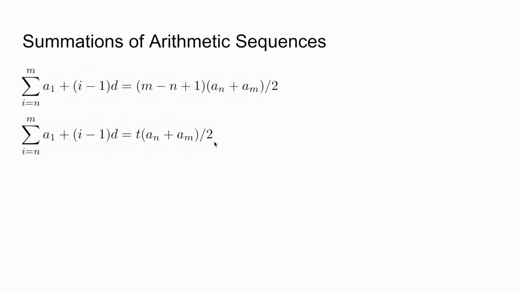So this entire thing, an plus am divided by 2, is just going to be the average, and we just multiply the average by however many terms there are, and we can kind of see why that works, and we can also prove it using just algebra.